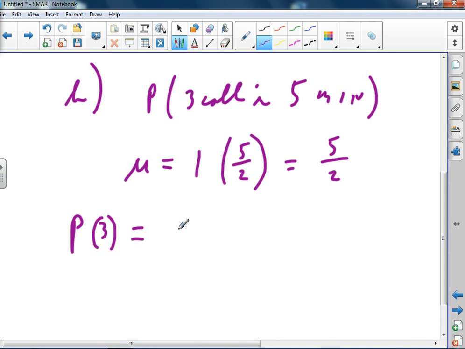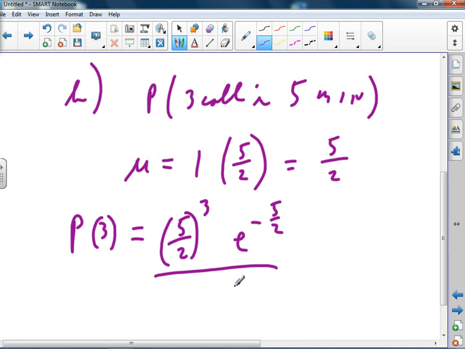And this is a discrete thing. If we look on page 220, we find that f of x is equal to the mean to some power x, so that'd be (5/2)^3 e to the minus 5 over 2 divided by 3 factorial.